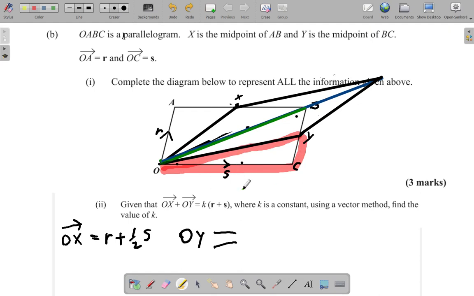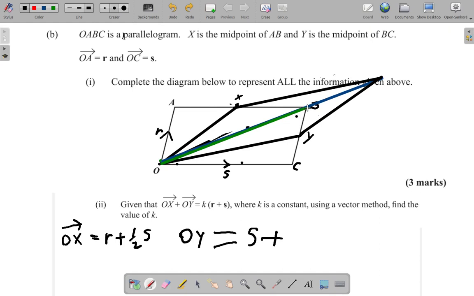So OY is really S. OC is S. See that? So let me remove these markings. Follow the cursor. OY is S, so that's S plus CY.